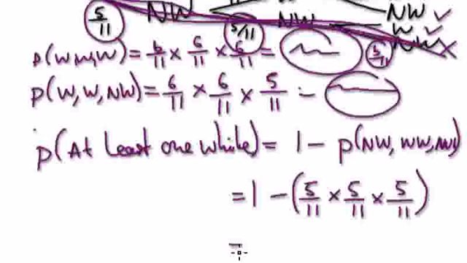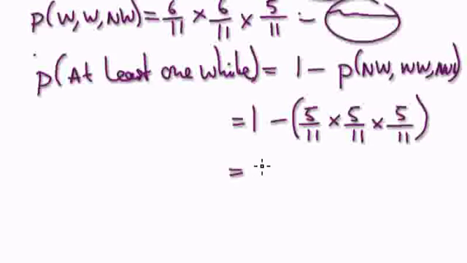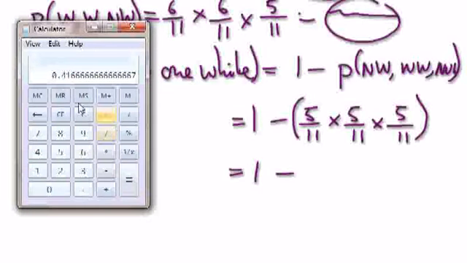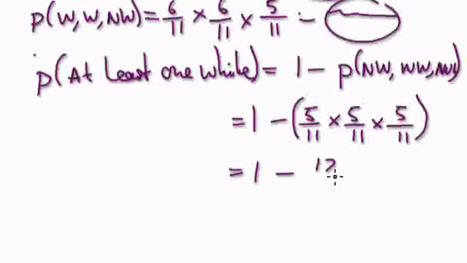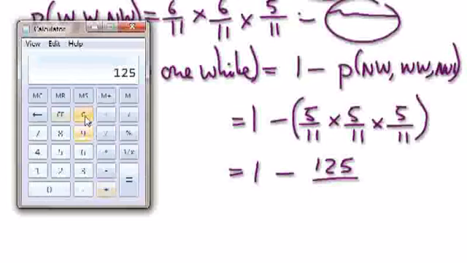So let's jump to a calculator. So it would be 1 take away 5 times 5 times 5. Hang on. So clear it. 5 times 5 times 5 equals 125. 125 over 11 times 11 times 11.